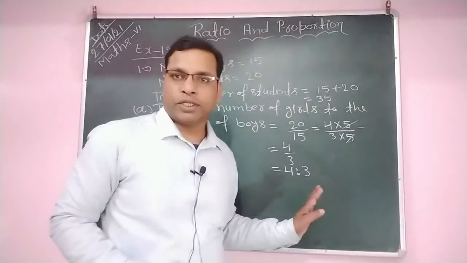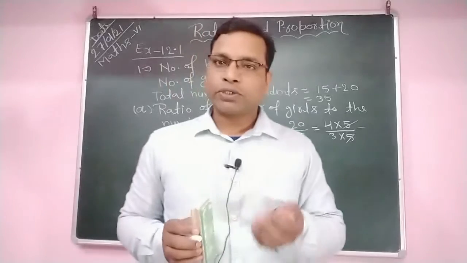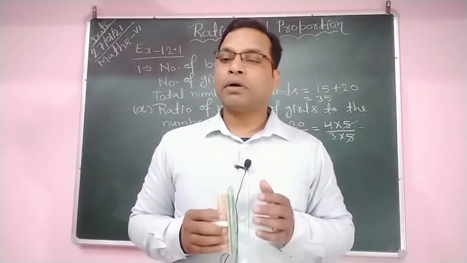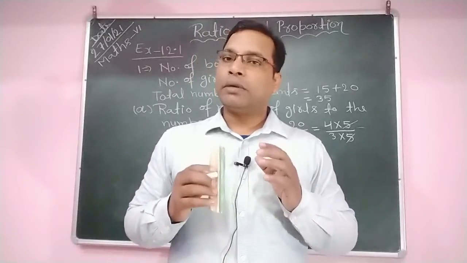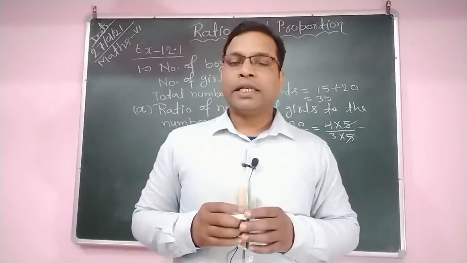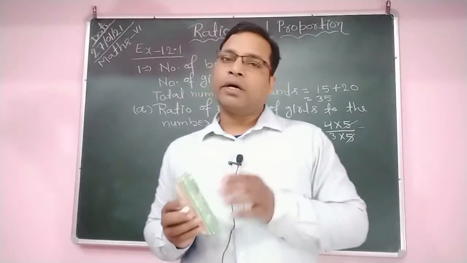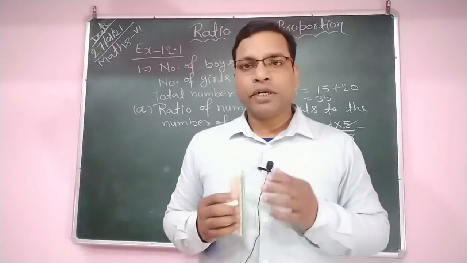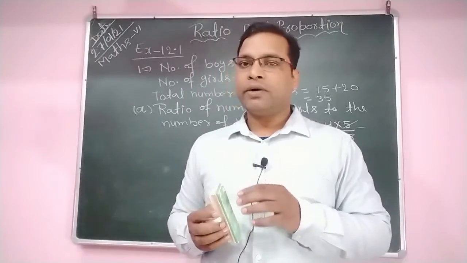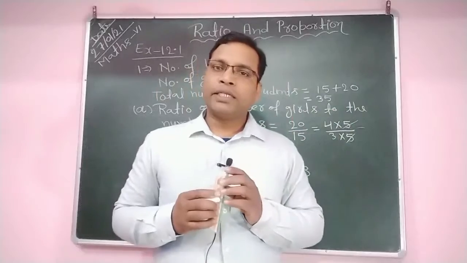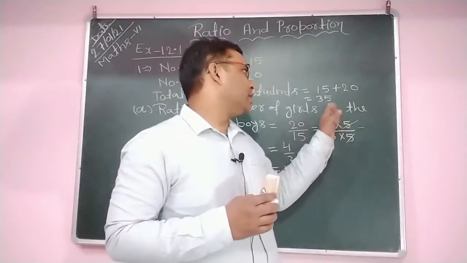Now the question asks us again: what is the ratio of the number of girls to the number of students in the class? The number of students in the class means if you add the number of boys and the number of girls, then you find the number of students in the class. We already added the number of boys and number of girls, and this is equal to 35.